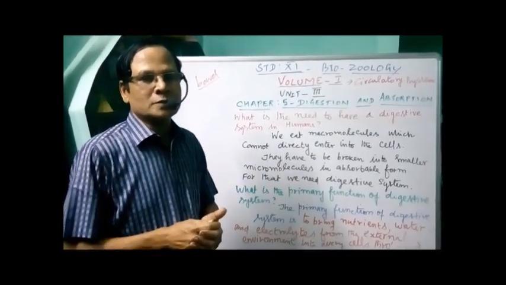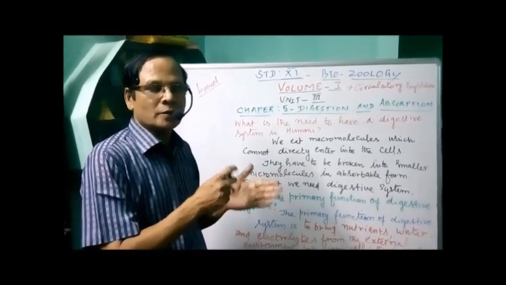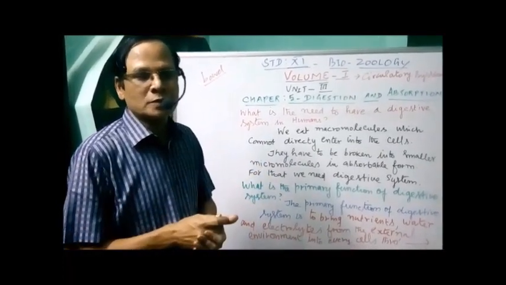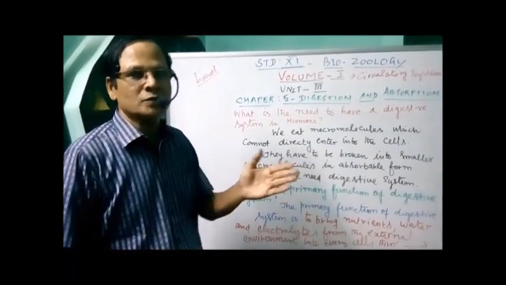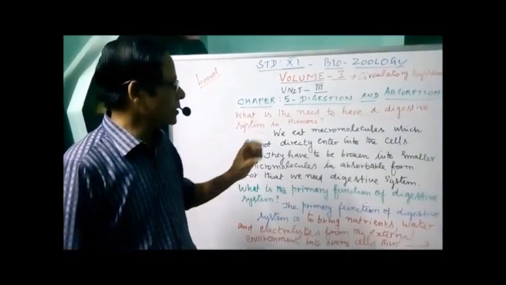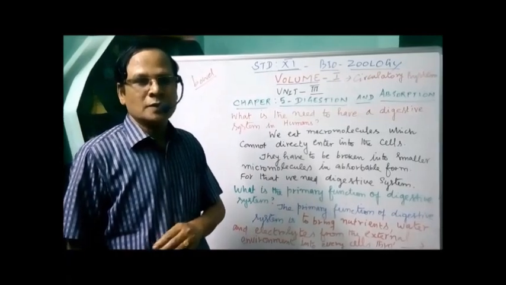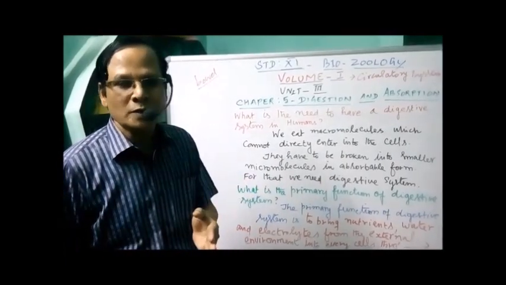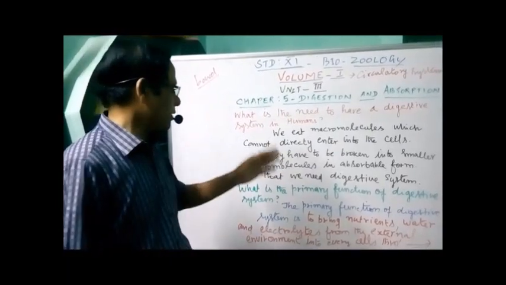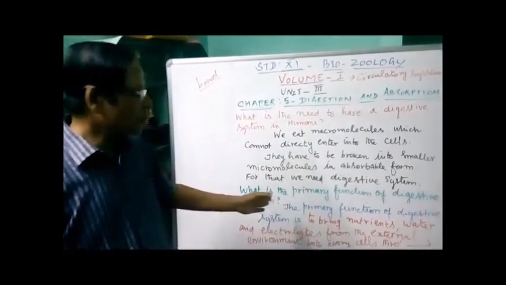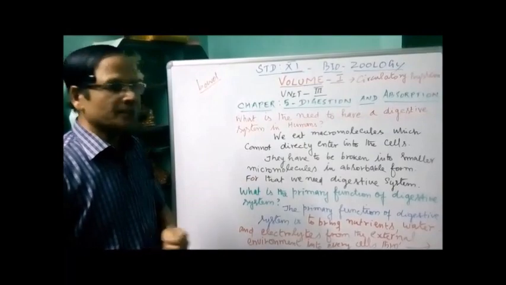For breaking the complex macromolecules into simpler ones, we need the digestive system. Only then can these micromolecules be absorbed by the digestive tract. This is one answer.